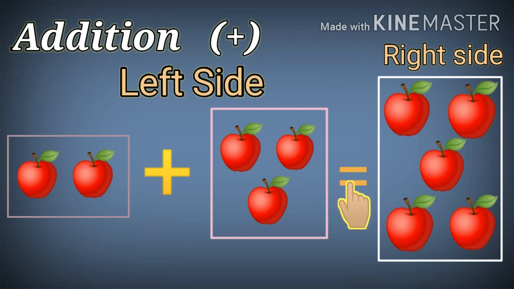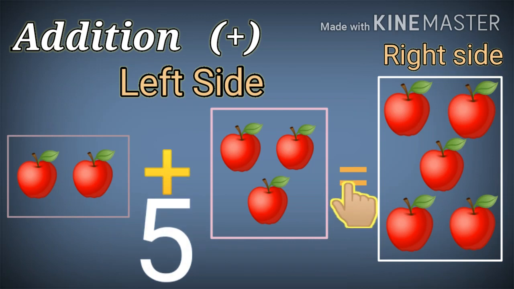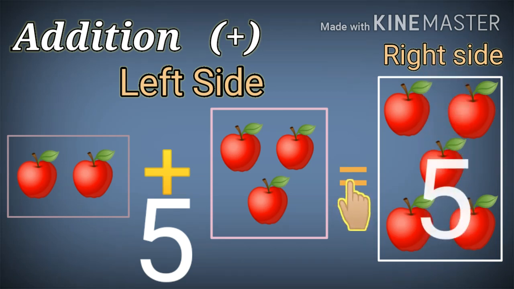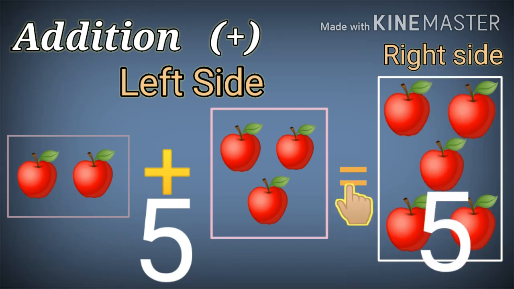So children, here we have 5 apples on the left side of equals to and 5 apples on the right side of equals to.